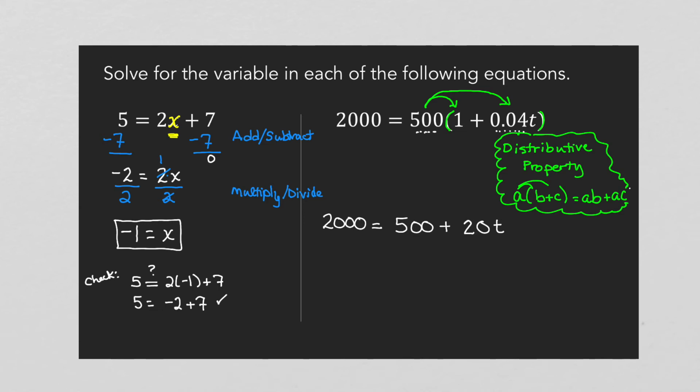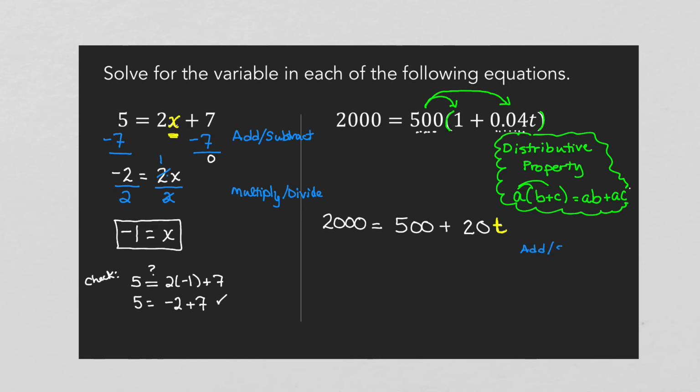Our equation that looked pretty complicated has now reduced to something simpler. 2,000 equals 500 plus 20t. What's our goal? Our goal in solving this equation is to isolate the variable t. And what did we say we do first? We always add, subtract first.